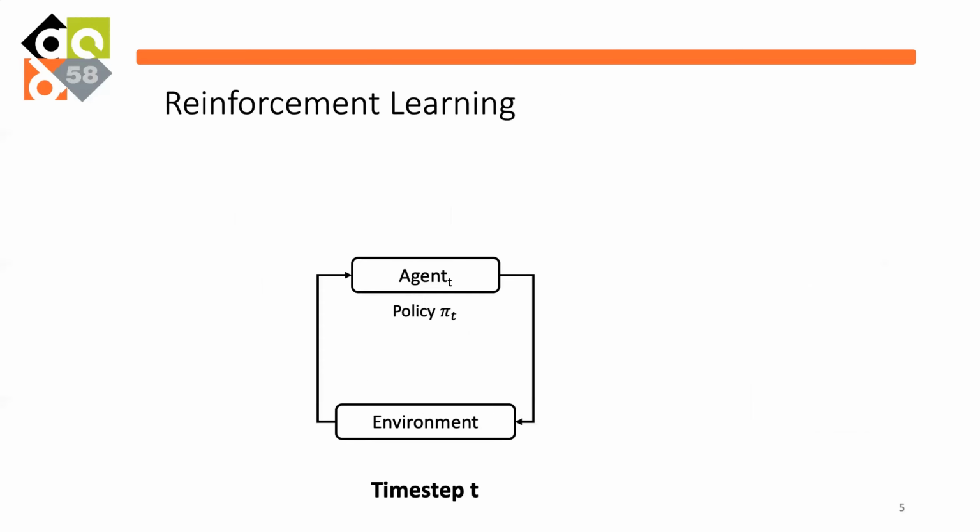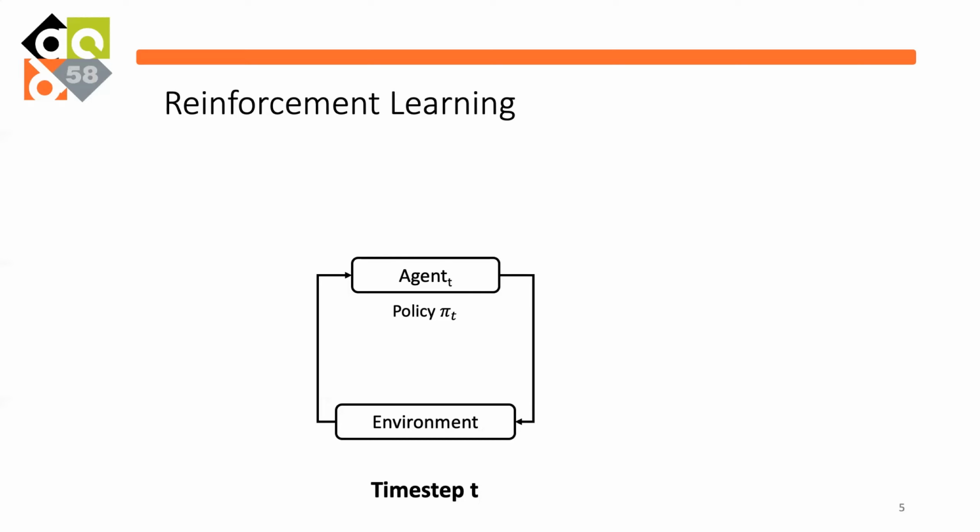Before we dive into the details of our technique, let me first introduce some background on reinforcement learning and tree-based models. In reinforcement learning, an agent learns its decision-making policy by repeatedly interacting with the environment and learning from its experiences.